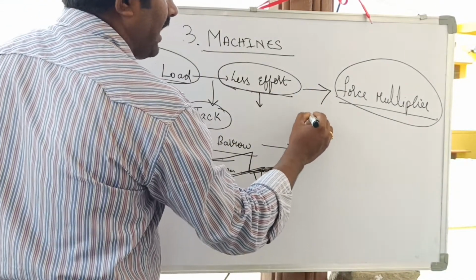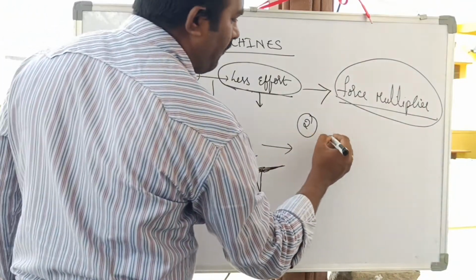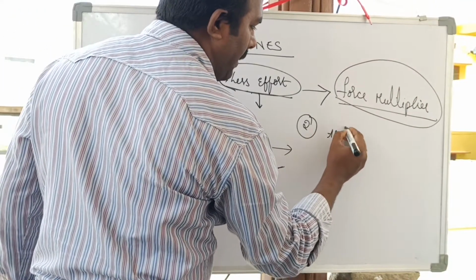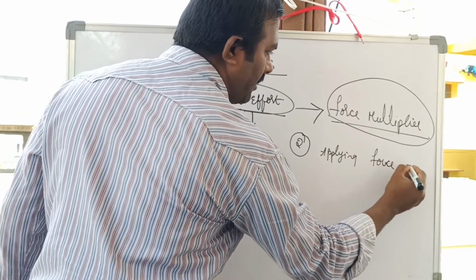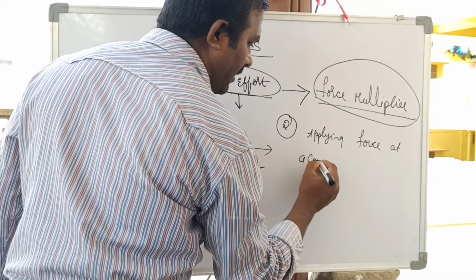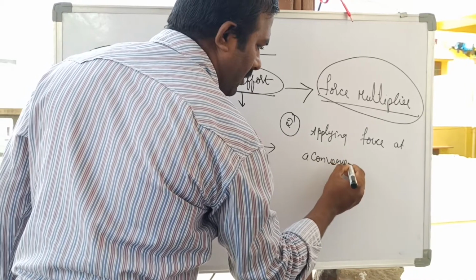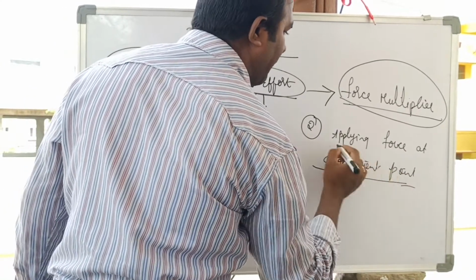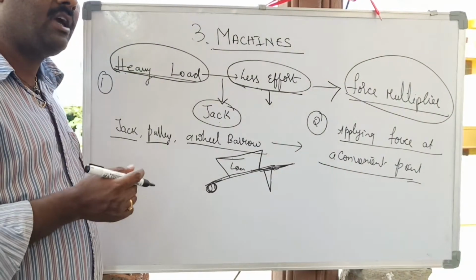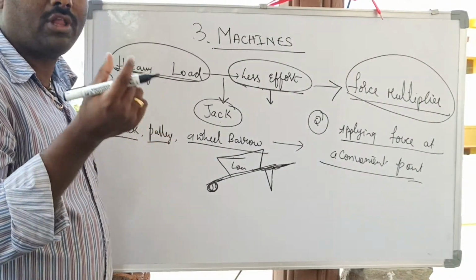The second one is a convenient point: applying force at a convenient point where the effort is equal to the load.